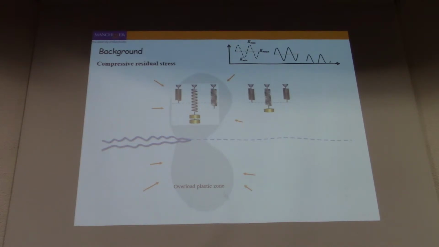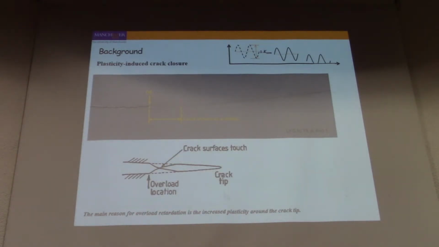So another mechanism is plasticity-induced crack closure. This is the SEM image after the whole experiment showing that crack face contact occurs over a distance immediately after the crack tip that holds the rest of the crack open.